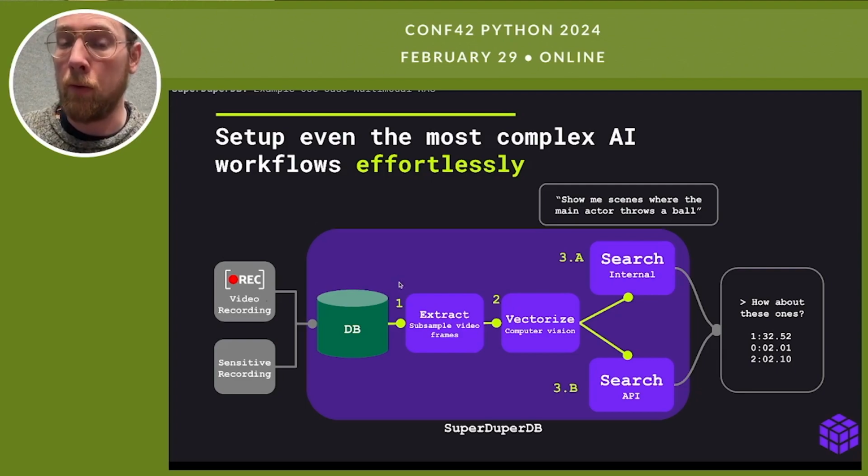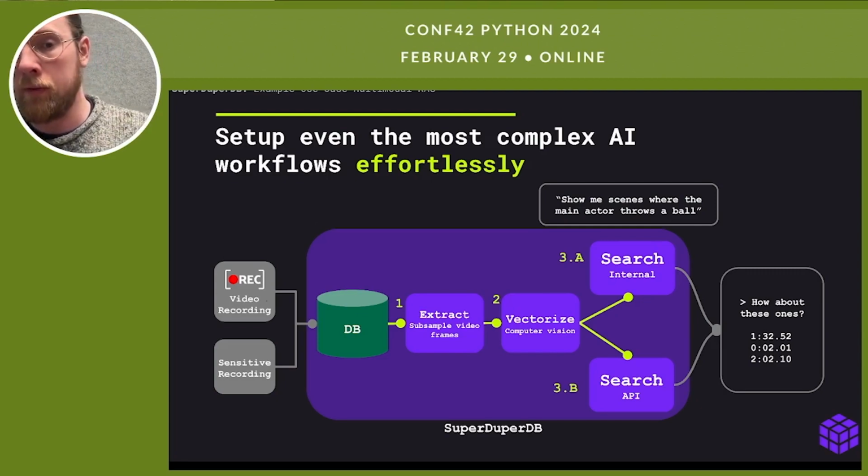We can create our own custom model to extract and subsample video frames from the video, vectorize these frames using computer vision models via PyTorch, and then once this is set up, we're ready to search through these frames and return answers to queries such as this: show me scenes where the main actor throws a ball, as just a simple example, and we'll get results in the form of references to places in the video where this may have happened.